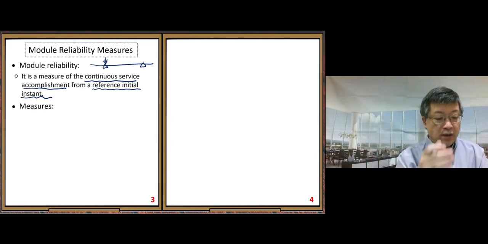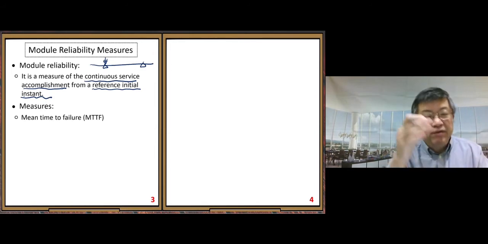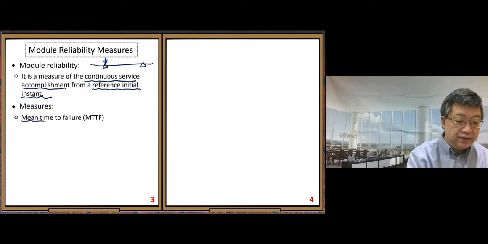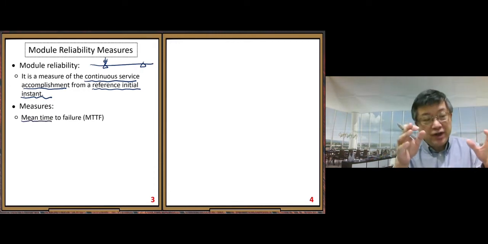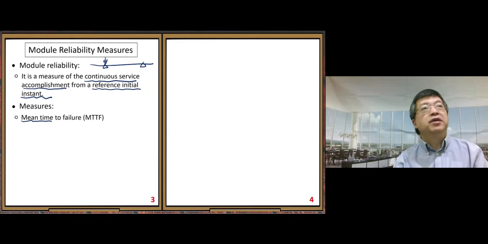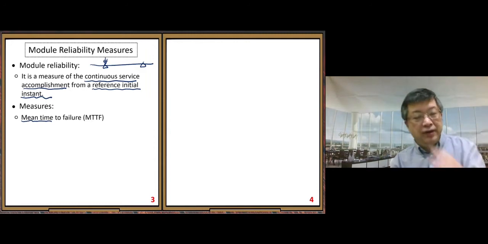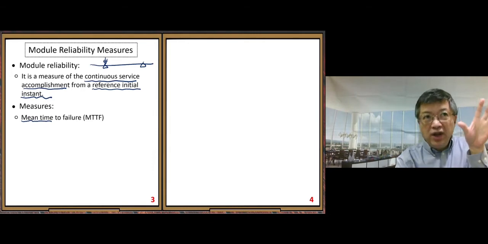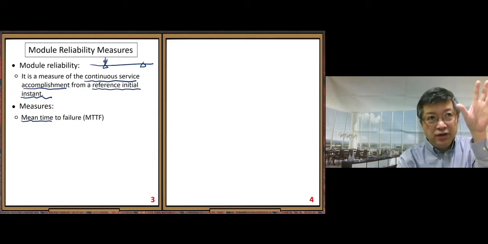So that's the concept, the measure we call mean time to failure, MTTF. Mean, that's the average, right? So you do statistics, measure many different periods of time, then you take the average. So mean time to failure. All right, so you start measuring, start working, then you clock it.